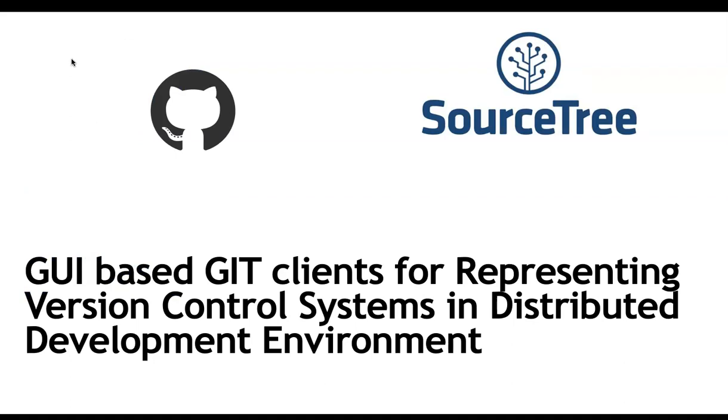Bitbucket and GitHub are web-based repository systems. They are like websites where you can see what changes are made. But as a development team, you need some kind of user interface which represents the web-based repository in your system, a GUI-based client.